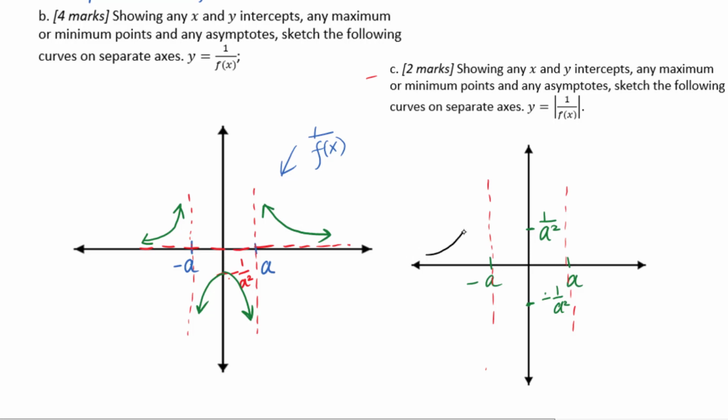So the graph below the x-axis will reflect across the x-axis, go to the top. This will be the graph of absolute value of 1 over f of x.